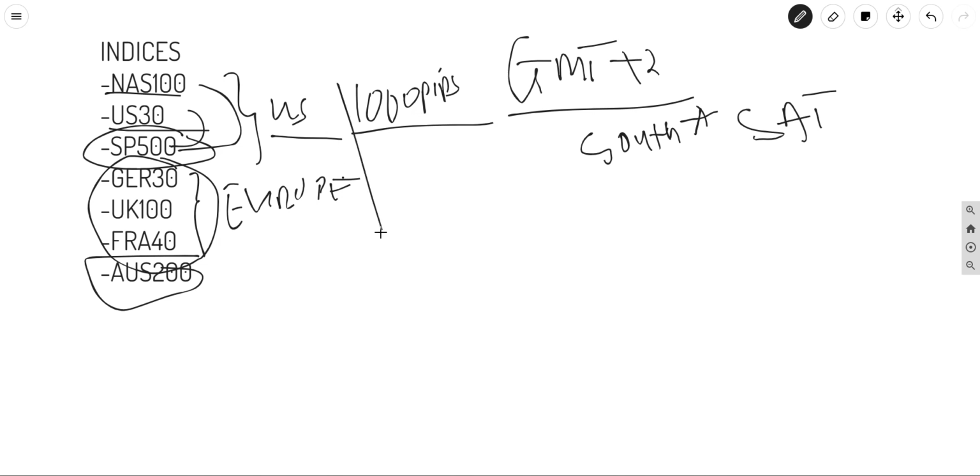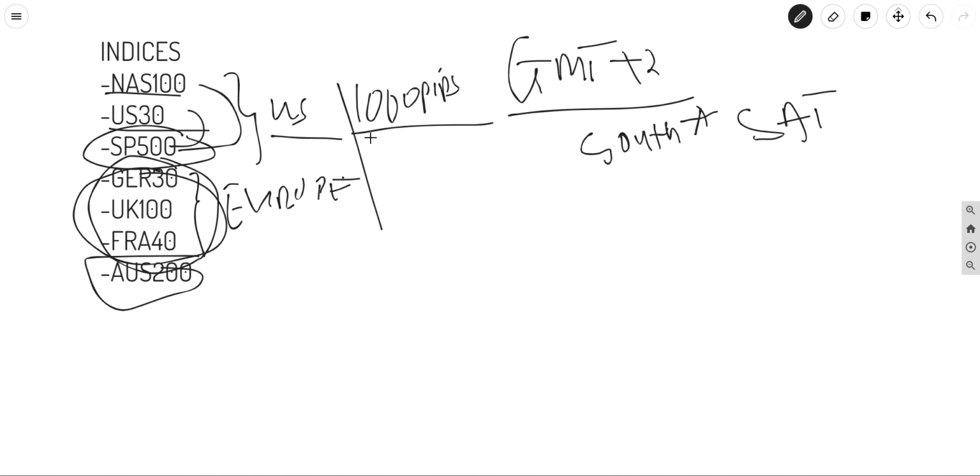This is simply when the New York Stock Exchange opens. It's when they now react to the market. The New York Stock Exchange or the London Stock Exchange, when it opens, initiates volatility on these kinds of indices.